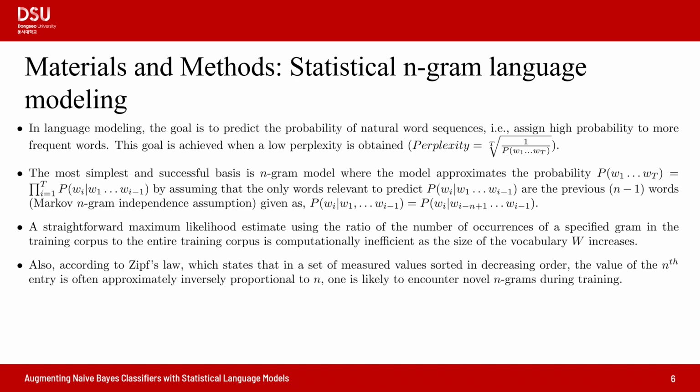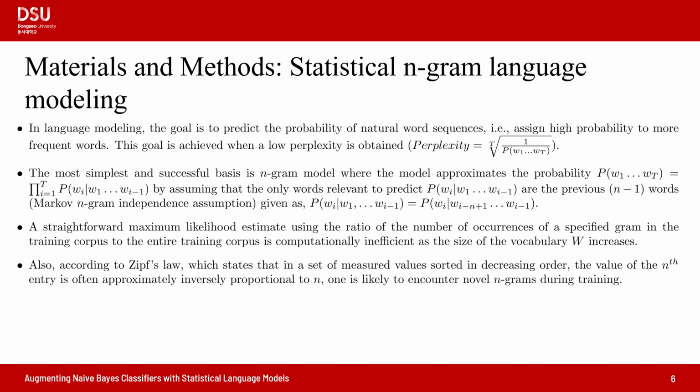It's the most basic model, where the model approximates the probability of the words w1 to wt as equal to the product of i ranging from 1 to t of the probability of word i given the previous words, word 1 to word i minus 1, by assuming that the only words relevant to predict the probability of word i given word 1 to word i minus 1 are the previous n minus 1 words.